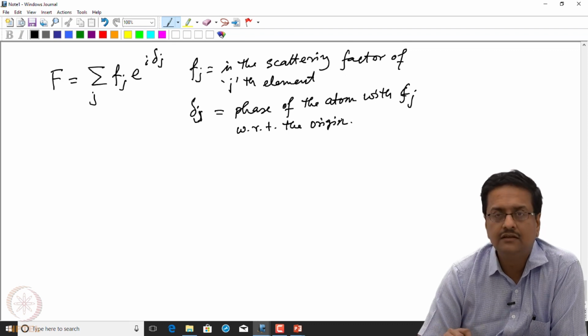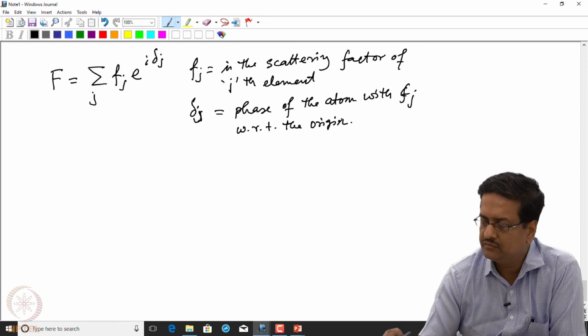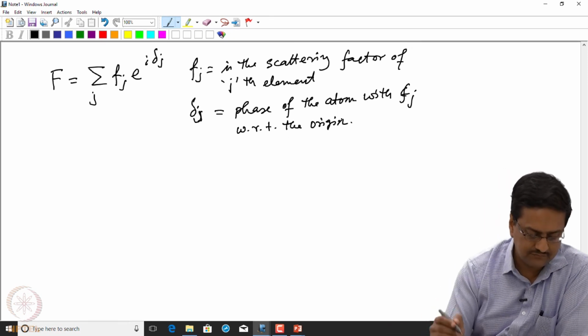So this is the phase of that diffracted beam because of that f_j.